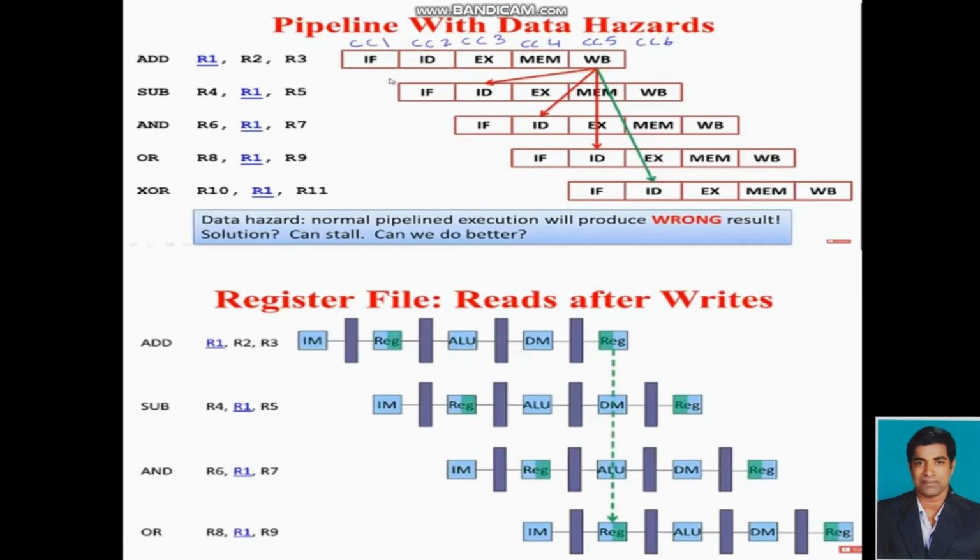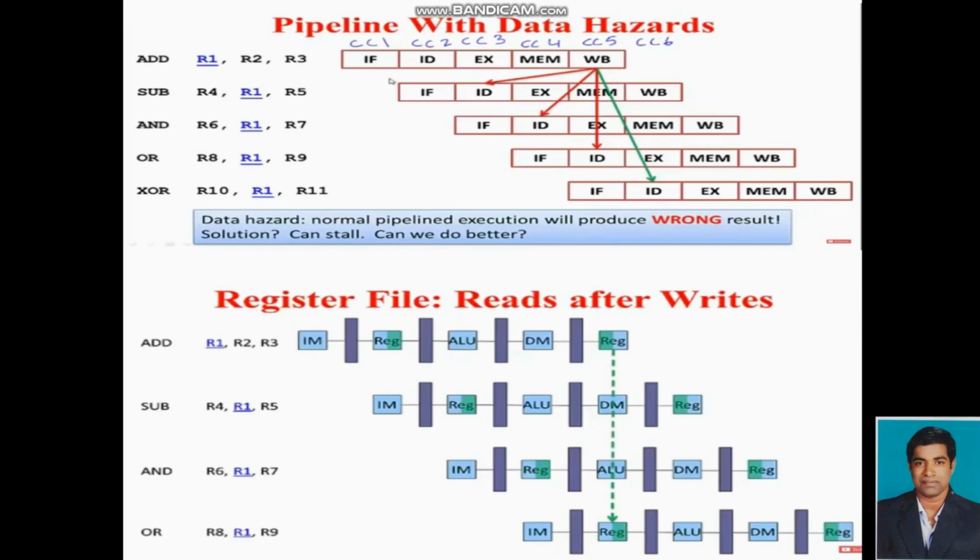So in that case, the subtraction and AND, OR and XOR operations can be executed with some junk input, that means randomly generated input.